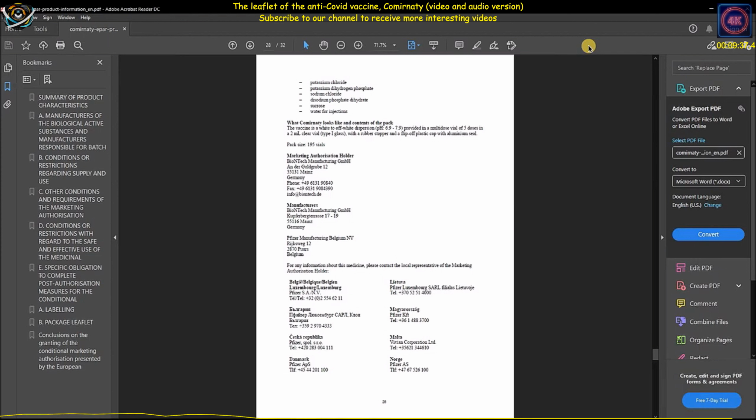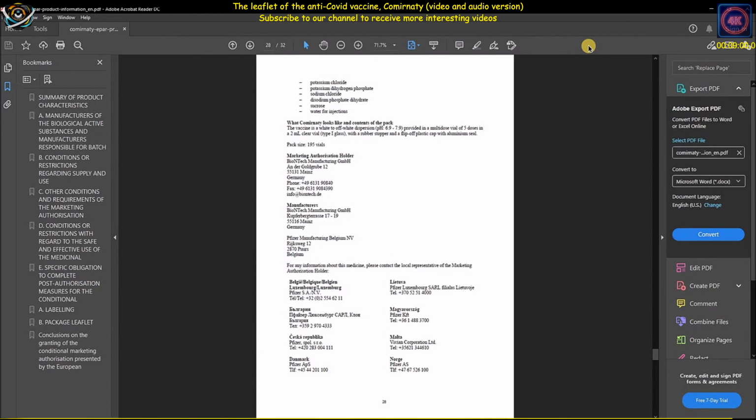Luxembourg/Luxembourg, Pfizer S.A./N.V., Tel +32 (0) 2 554 62 11. Lietuva, Pfizer Luxembourg SARL filialas Lietuvoje, Tel +370 52 51 4000. Magyarország, Pfizer Kft., Tel +36 1 488 3700.